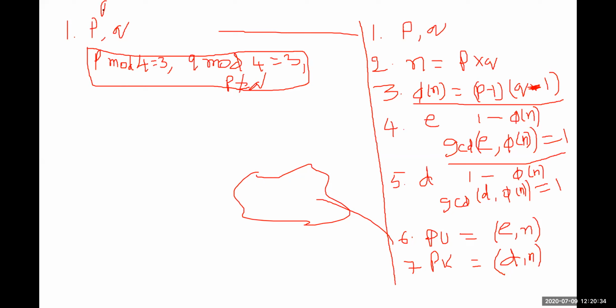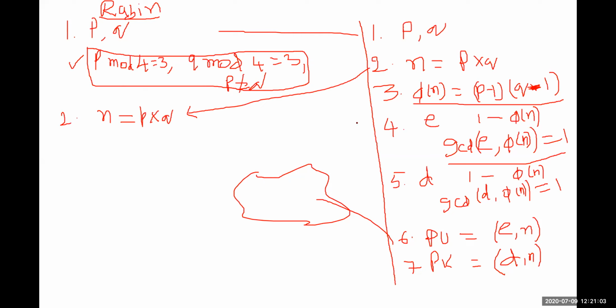This is what I'm talking about: the Rabin cryptosystem. The first step is to follow these restrictions. The second step is to find the value of n, which is the same as in RSA, that is P into Q only.